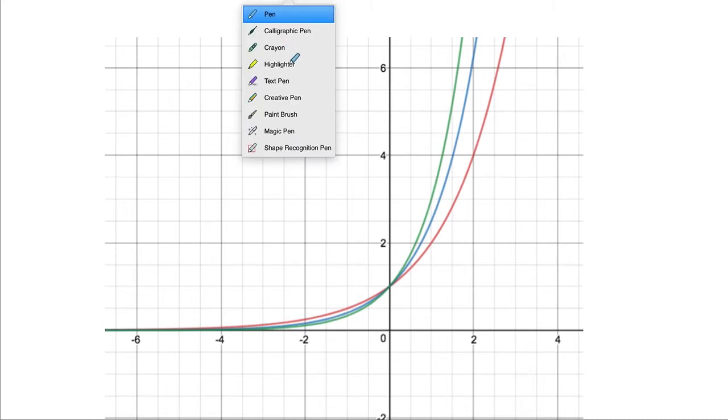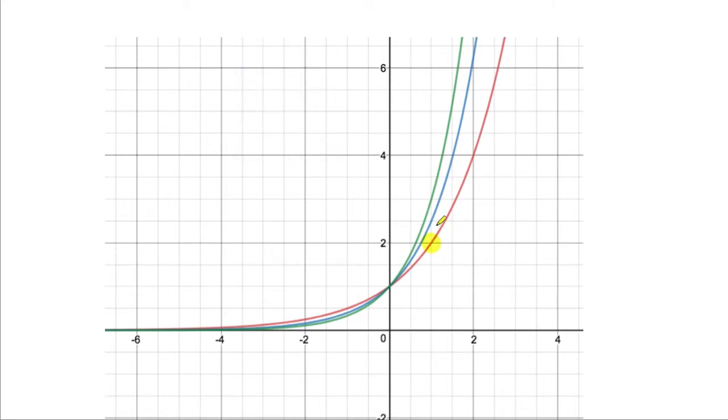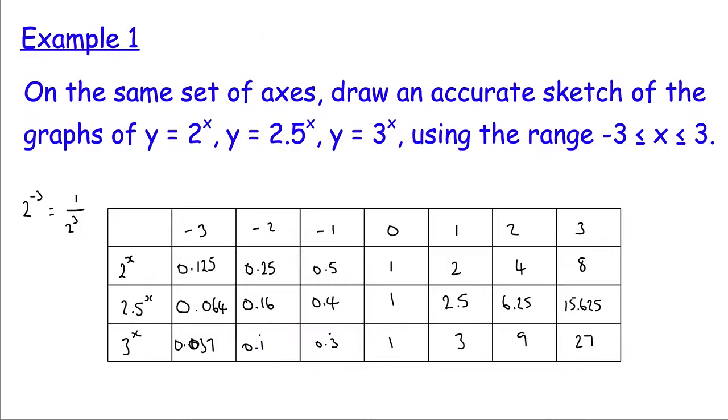It is the value at x equals 1. Because if we go back to the table on the previous page, when x was equal to 1, that was the base value.